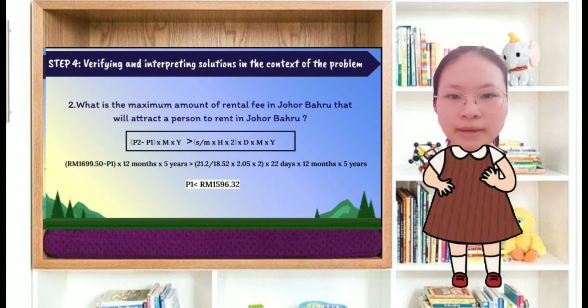This means that if the maximum amount of rental fee in Johor Bahru is less than 1,596 ringgit and 32 cents, then it is worth commuting from Johor Bahru to Singapore.